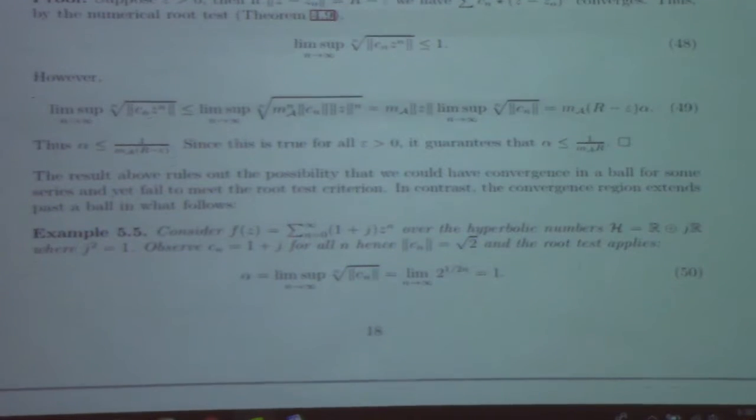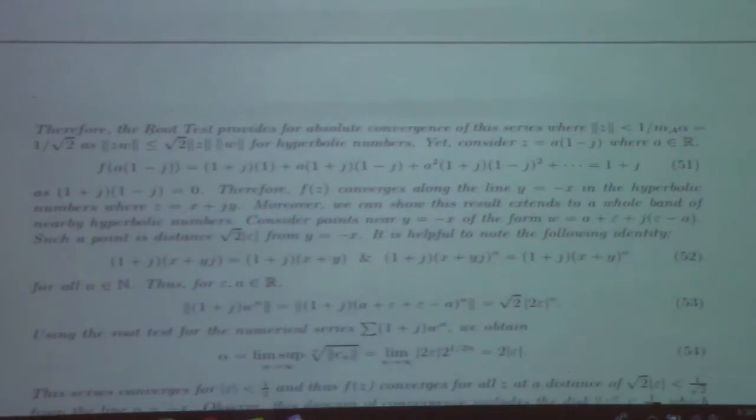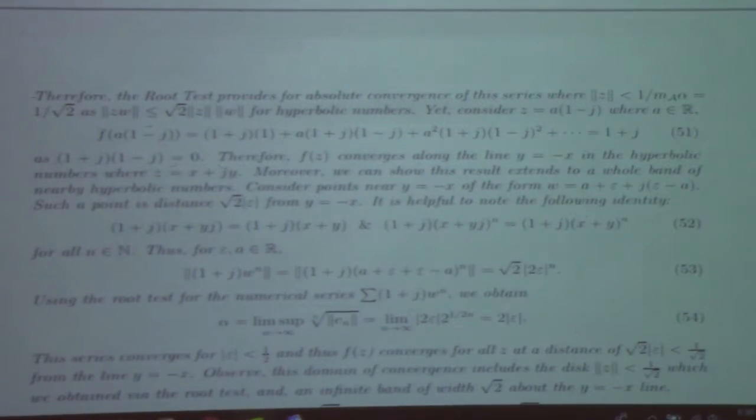But so the root test, which we now doubt, no? Or did we doubt? Which one did we doubt? The root test was okay. It's the ratio test that we were a little bit doubtful of.